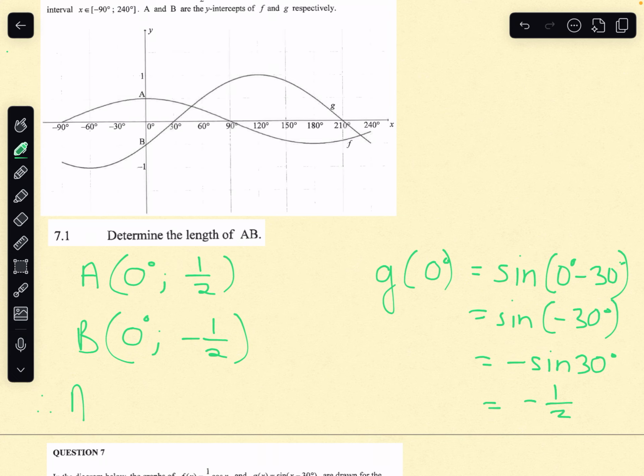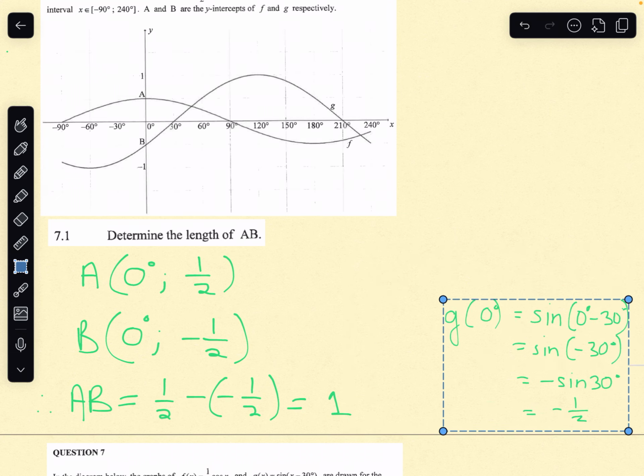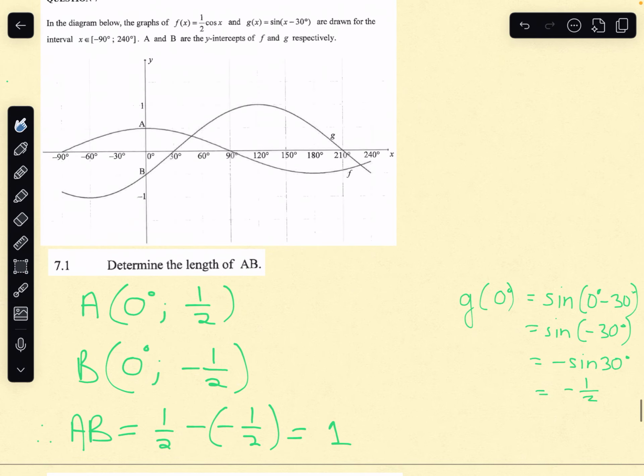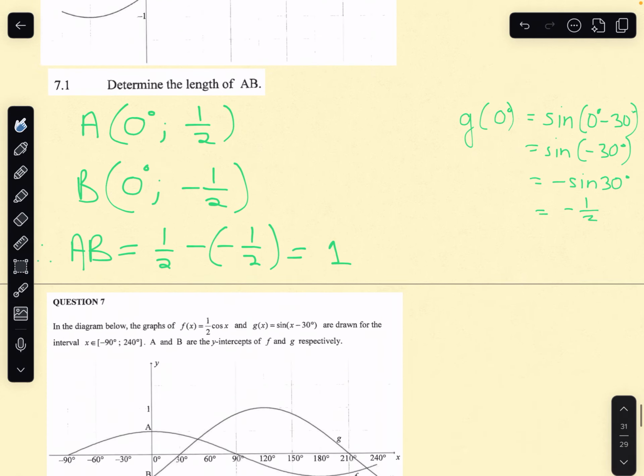So therefore the length of AB is a half minus a half. So that's a half plus a half, which is 1. Fantastic. Fantastico. So 1 unit is the length of AB.